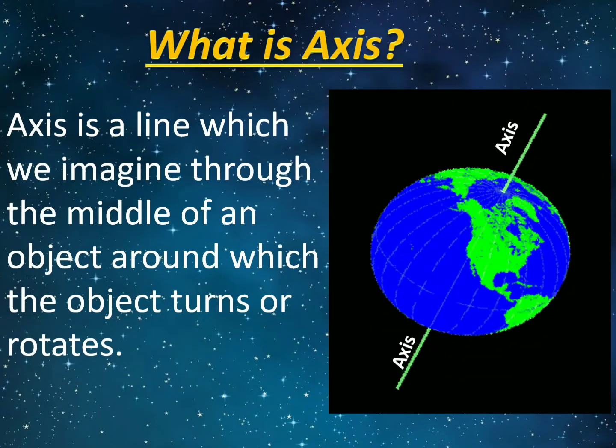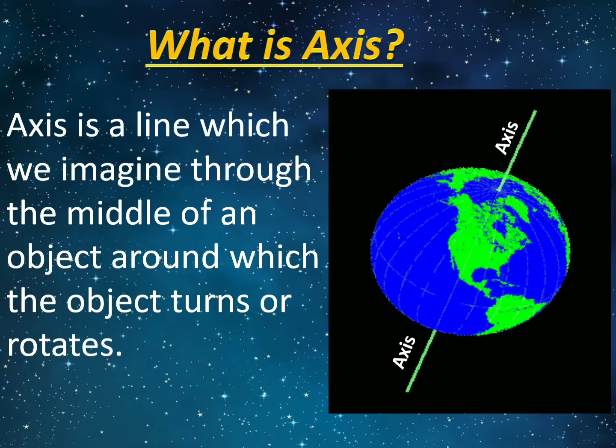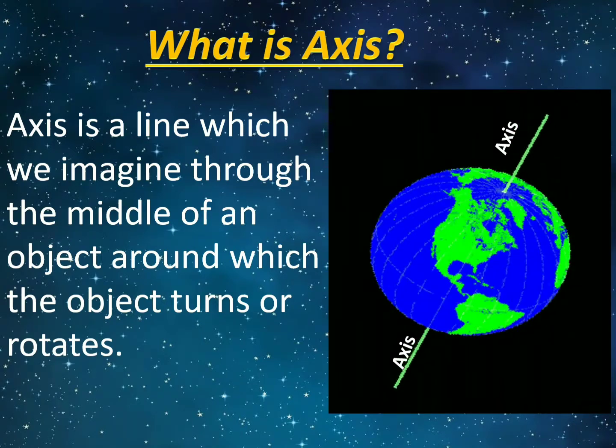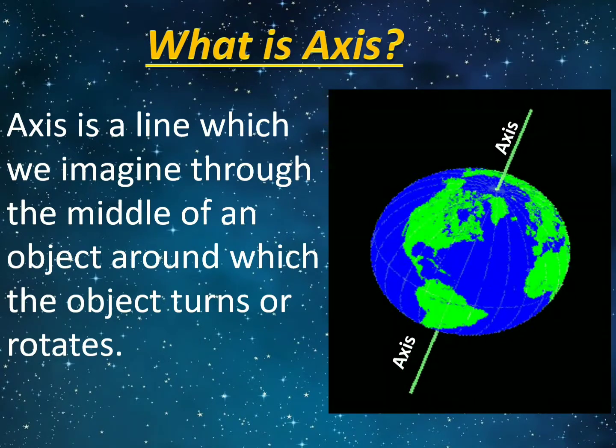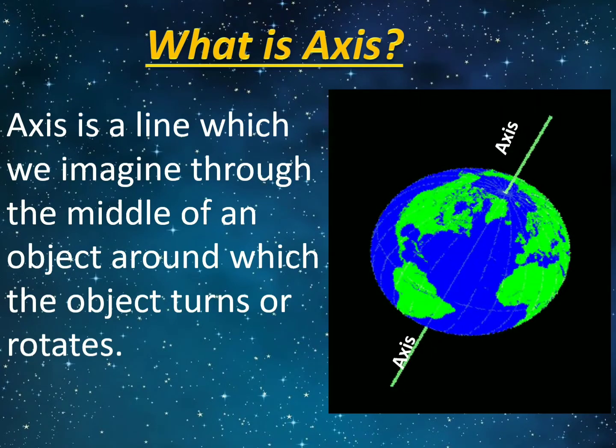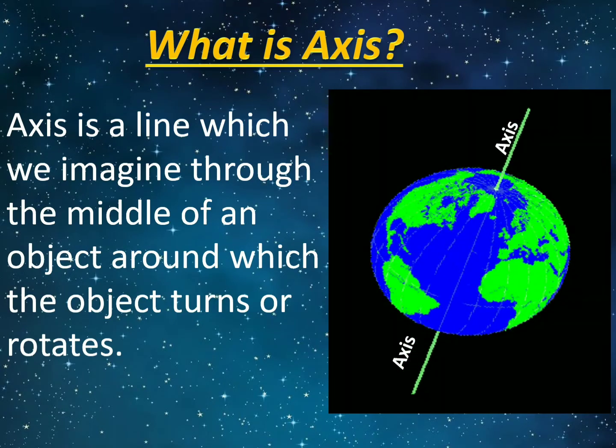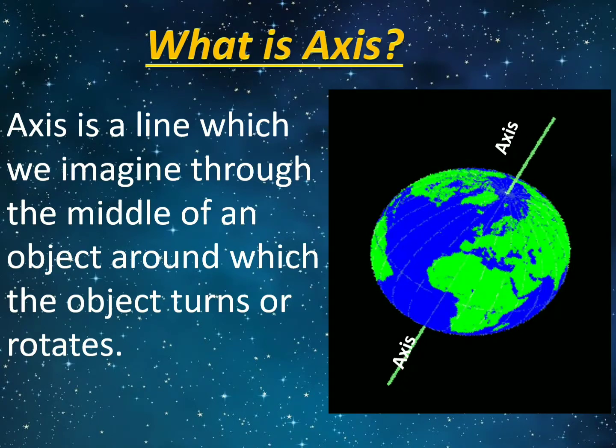Now, what is an axis? An axis is a line we imagine through the middle of an object around which the object turns or rotates.